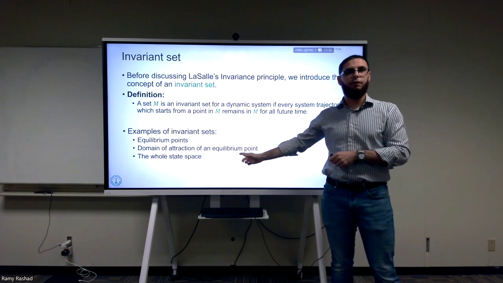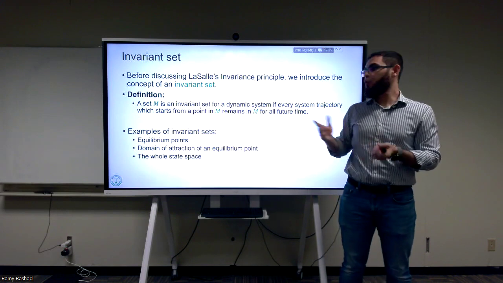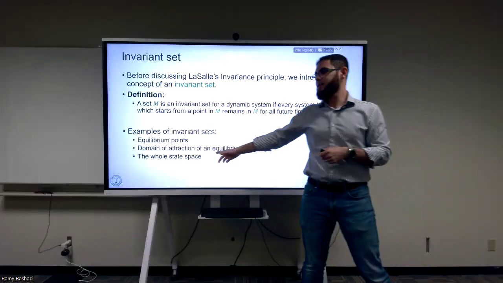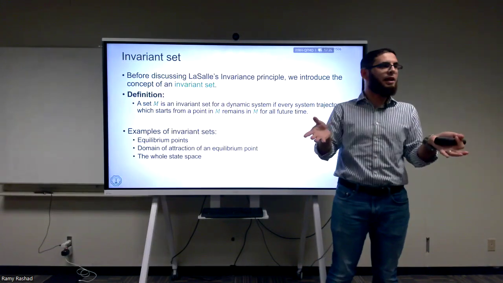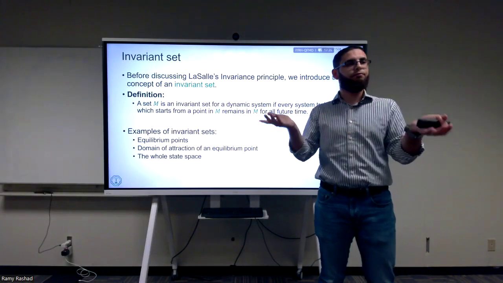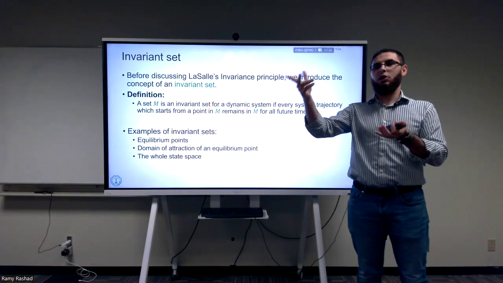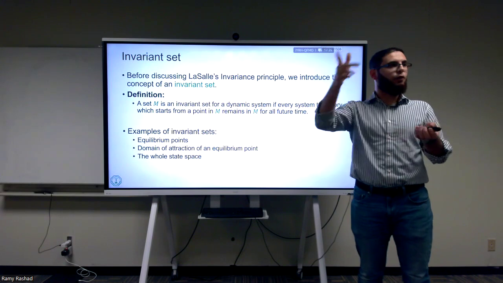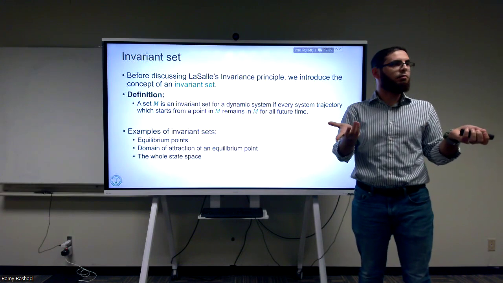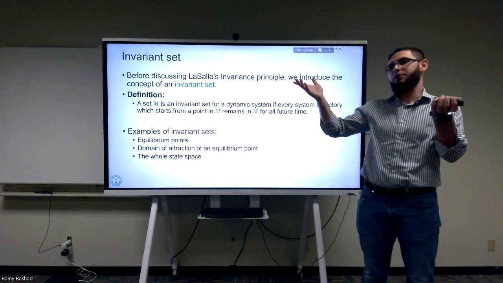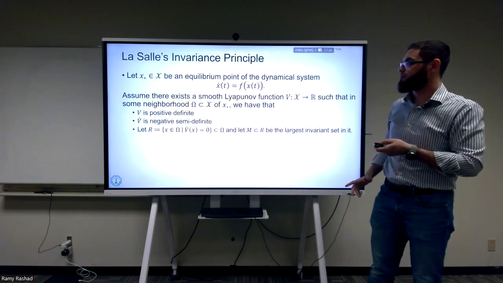So this is also an example of an invariant set. And of course, the trivial case is the whole state space. If I start anywhere in the state space, I stay in the state space. So if I have a rotation matrix that starts in SO(3) and evolves in time, I stay in SO(3). I never go to R^(3x3), even though this is a bigger set.